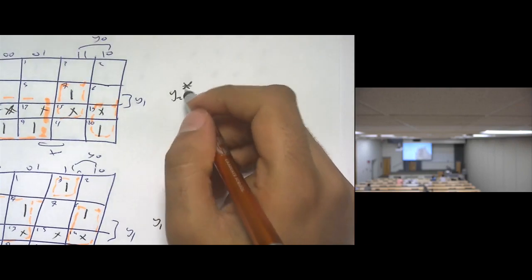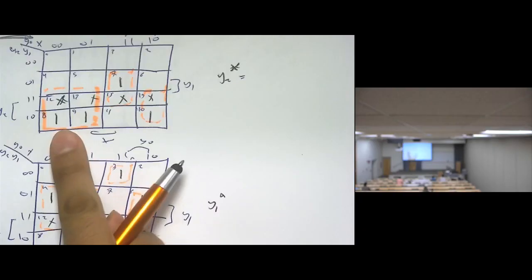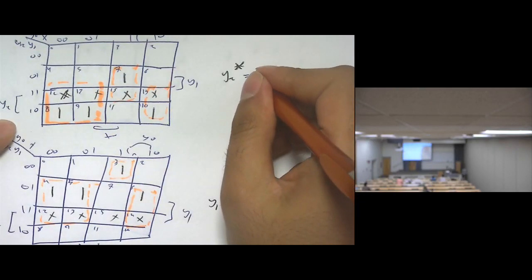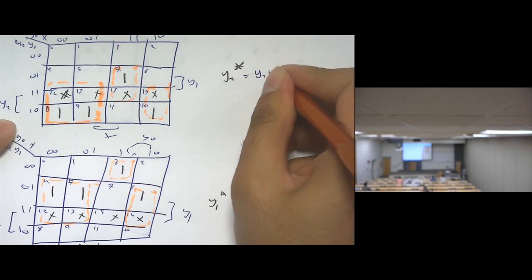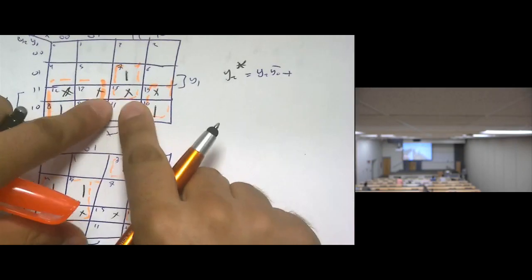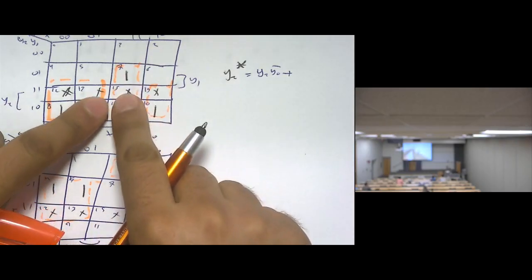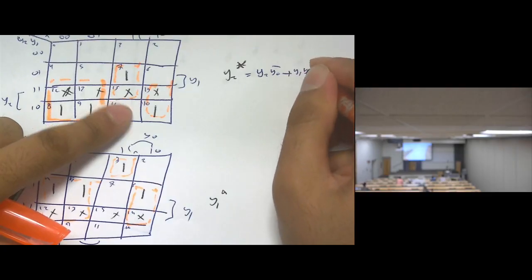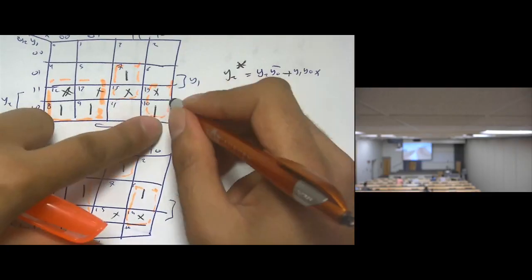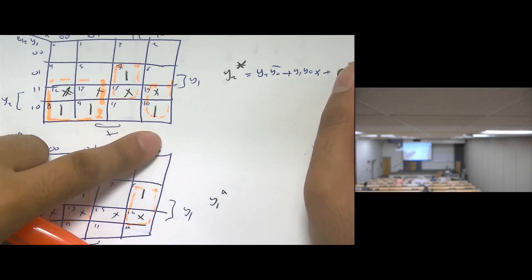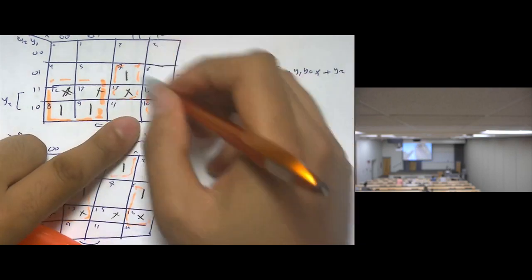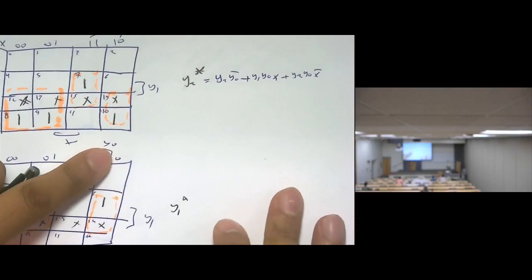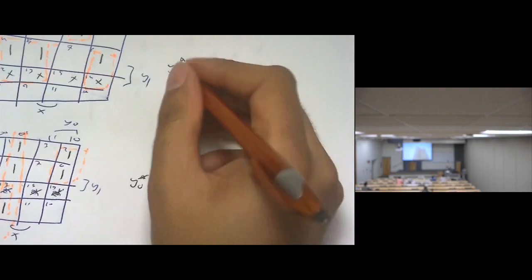So we have y2 star equal to, what's this variable? The y0 bar. y2 times y0 bar, right. Plus, how about this pair? Which is located at y1, y0, x. And how about this? Located at y2, then y1 is not, y0, x bar. Okay? How about y1 star?